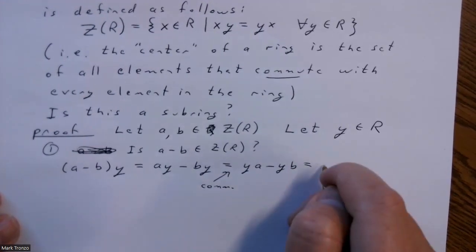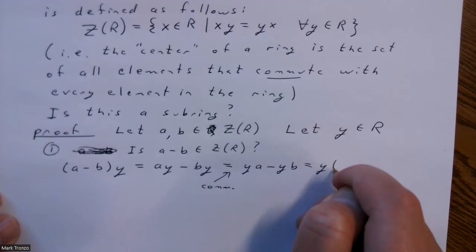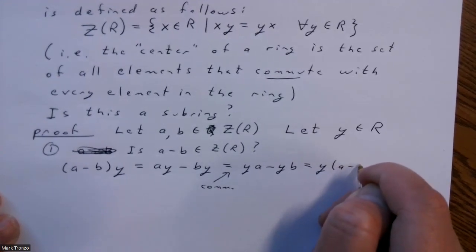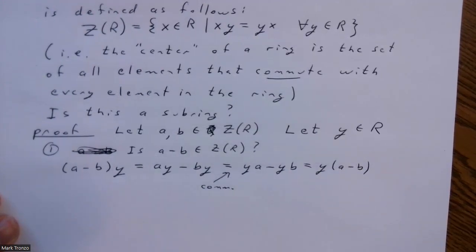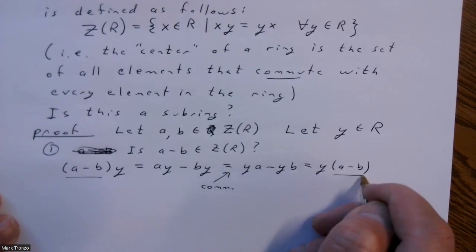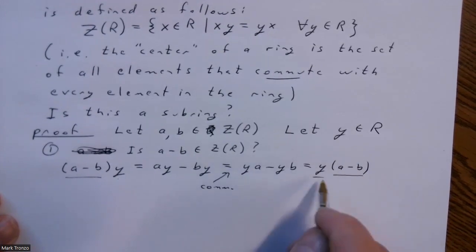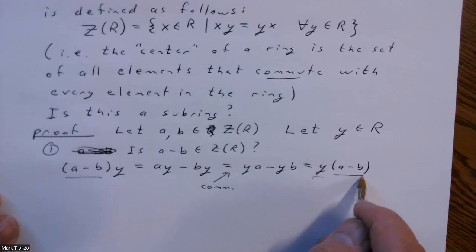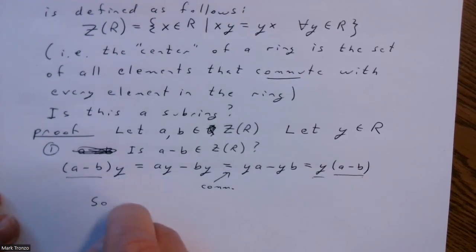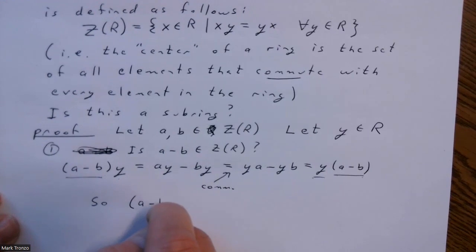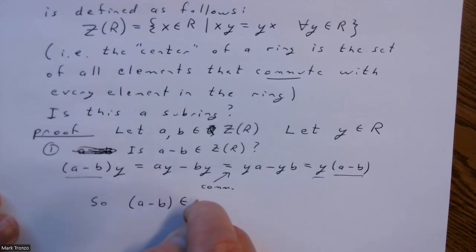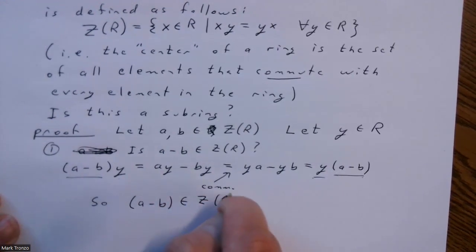And then, of course, we can factor this out: Y times A minus B. So what we did was take A minus B, multiplied it on the left by Y, and found that that's equal to Y times A minus B on the right. So that means that A minus B commutes with every element in the set. So that means it's in the center.